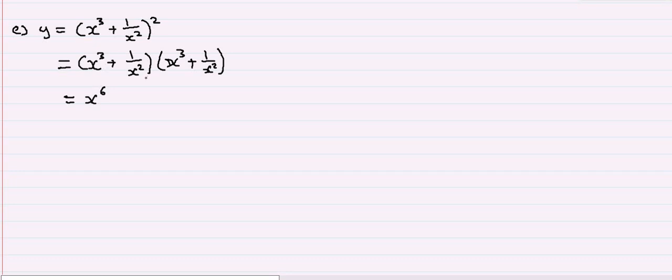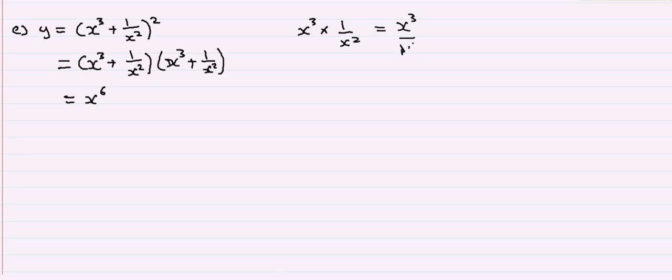Then x cubed multiplied by 1 over x squared is the same as x cubed over x squared, which is the same as x. Loss of exponent. Then this is plus x.